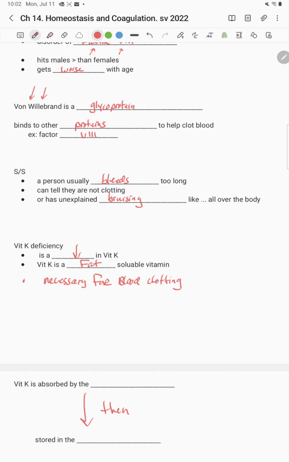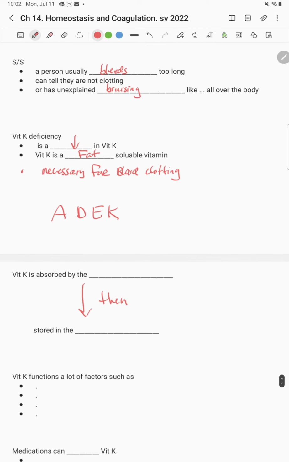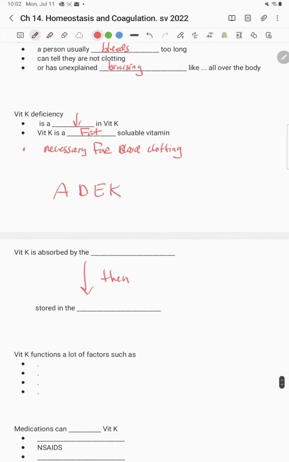Just a reminder, your fat-soluble vitamins are vitamin A, D, E, and K. The significance of understanding your fat-soluble vitamins is a lot of people are deficient in them because of busted gut reasons.